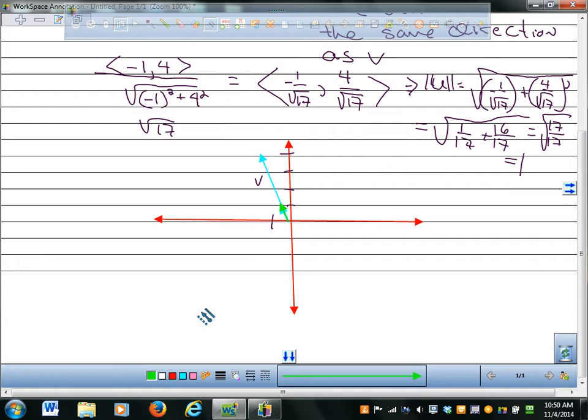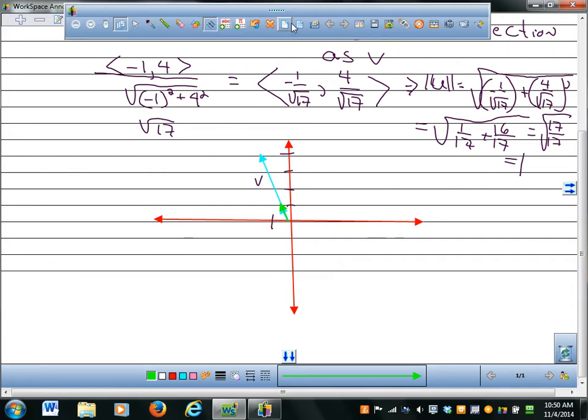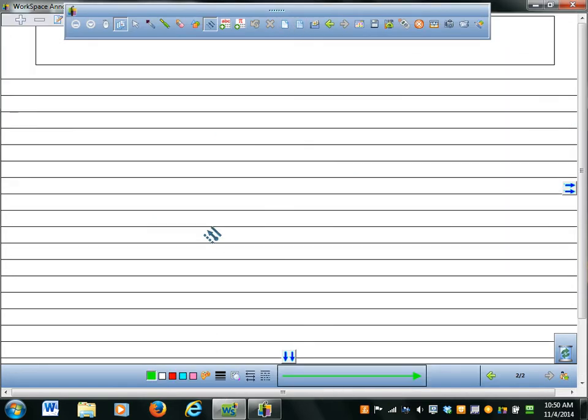Now it gets to the fun stuff. Sometimes vectors, oh, I skipped some stuff in the last class. Unit vectors.